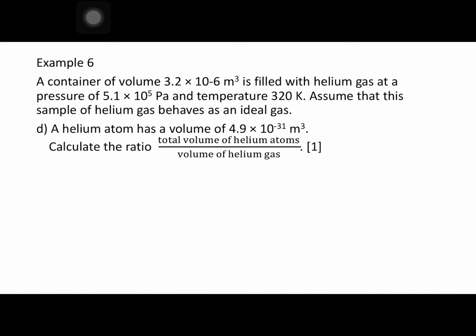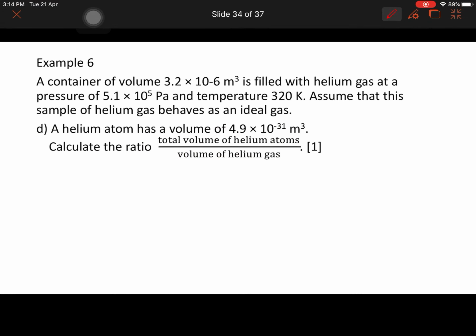Okay, done. Now, second last part, D. They tell us that each helium atom has got this value. And I want to find the ratio of the total volume of helium atoms to the volume of helium gas. Now, what is the difference between the volume of helium atoms and the volume of helium gas?